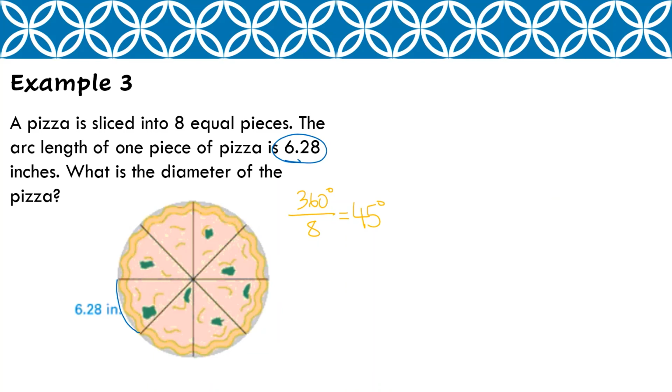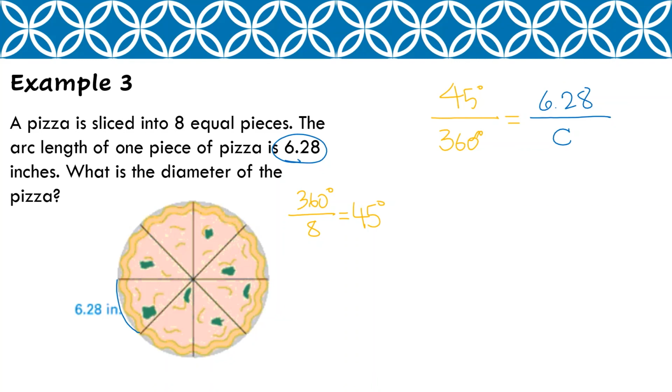We want to find the diameter. This might be a case where it's easier to use the proportion, where I say 45 degrees out of the entire circle is equal to the arc length out of the entire circumference. Let's solve for circumference.